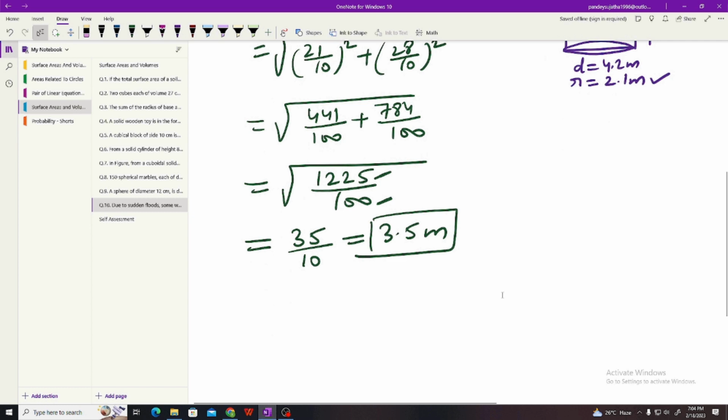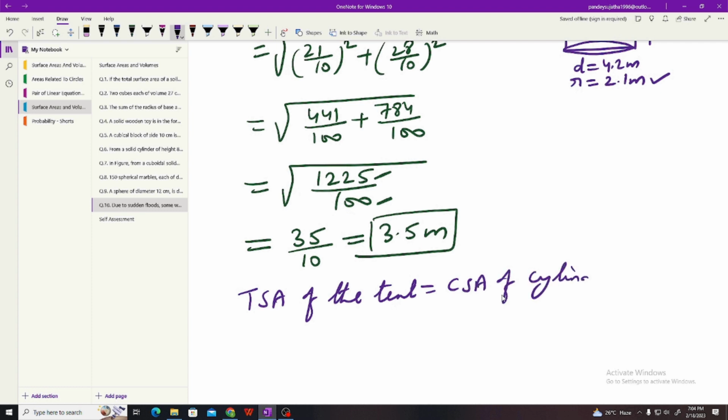So we need to find the total surface area of the tent. Total surface area of the tent is equal to curved surface area of cylinder plus curved surface area of cone.